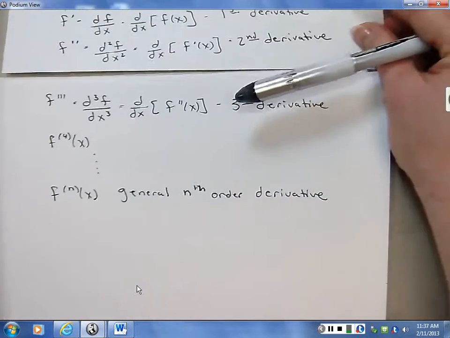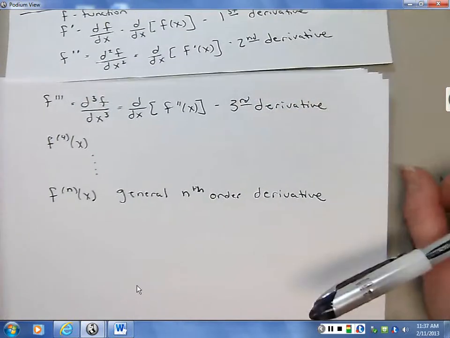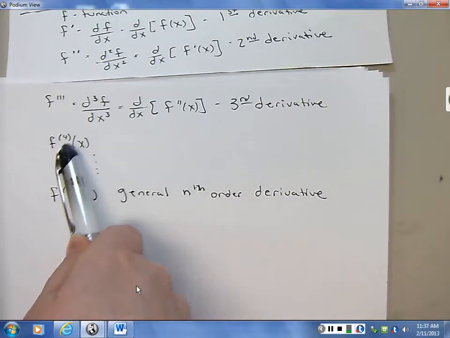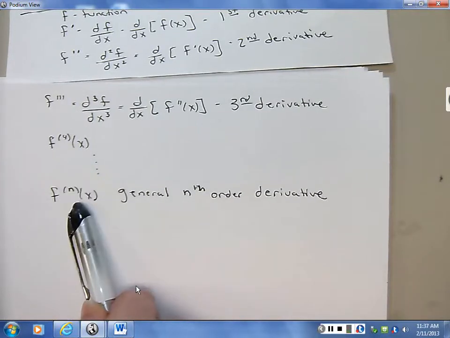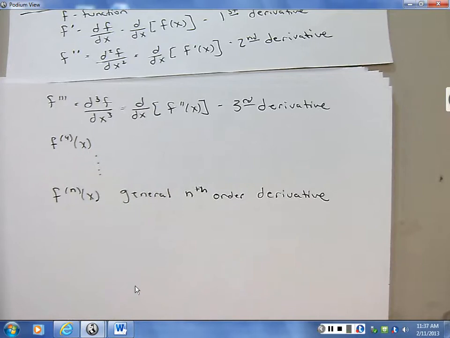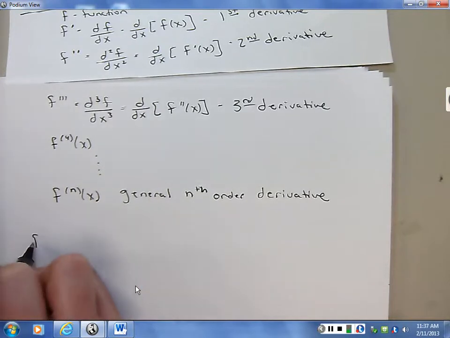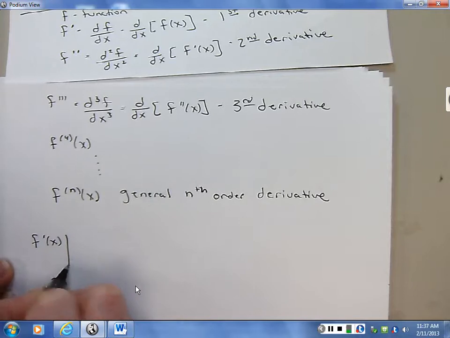So we have first derivative, second derivative, third derivative. After that, we use f with a power in parentheses, and that means the fourth derivative or the nth derivative. We might also say, find the derivative and plug in the point x equals x naught.